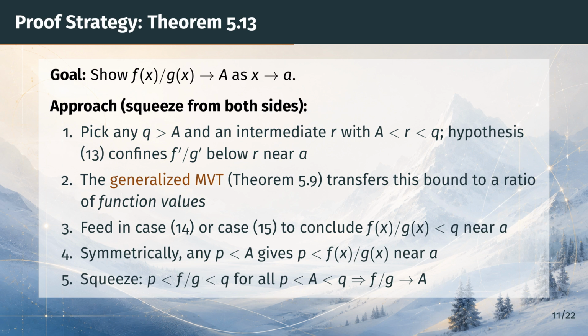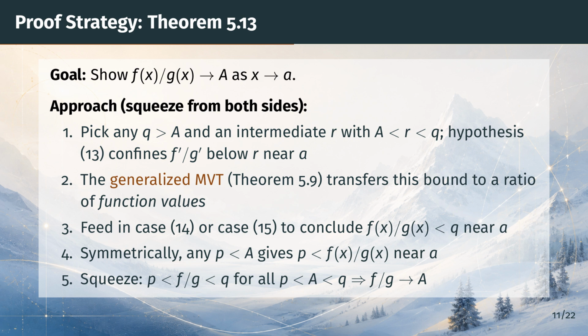Before the formal proof, here is the strategy. The whole argument is a two-sided squeeze. We show that the quotient f over g eventually lies below every number u that is bigger than a, and by a symmetric argument that it eventually lies above every number p smaller than a. Together, these trap the quotient as close to a as we like.